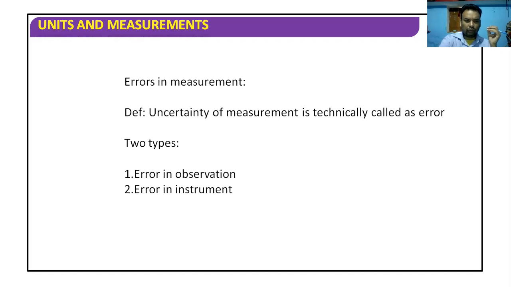So basically, two types of error are commonly observed: error in observation and error in instrument. Even in the scale or any weighing machine, there may be some error. Even if the weighing machine is not properly balanced, it is not at the balance position. So the instrument carries the error, and that error will be communicated in our measurement.